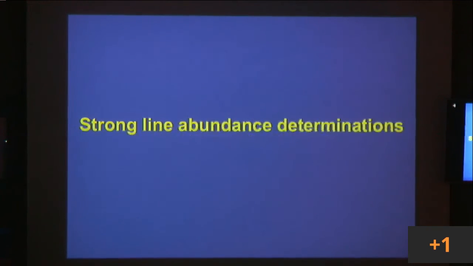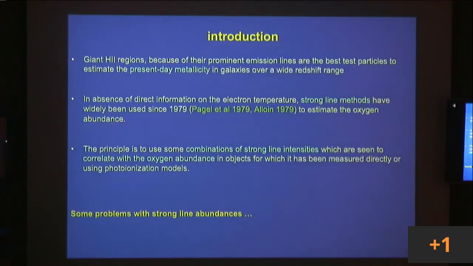So let me start with strong line abundance determinations. As you know, giant H2 regions are the best test particles to determine the metallicities of galaxies, even to high redshift.